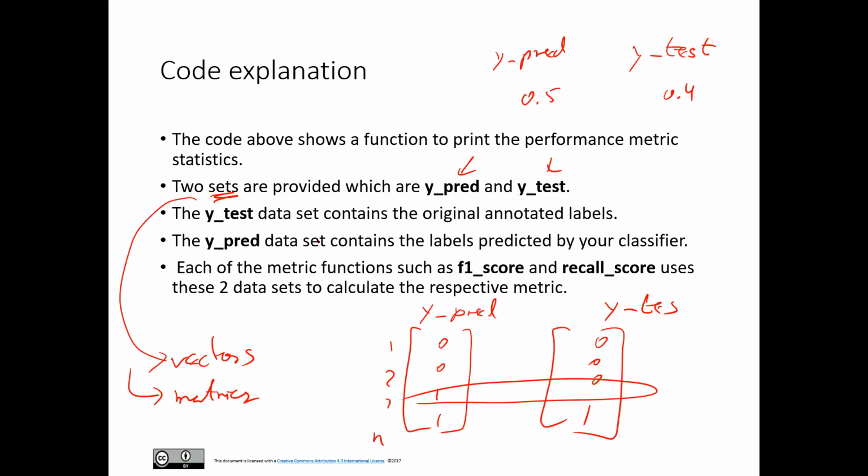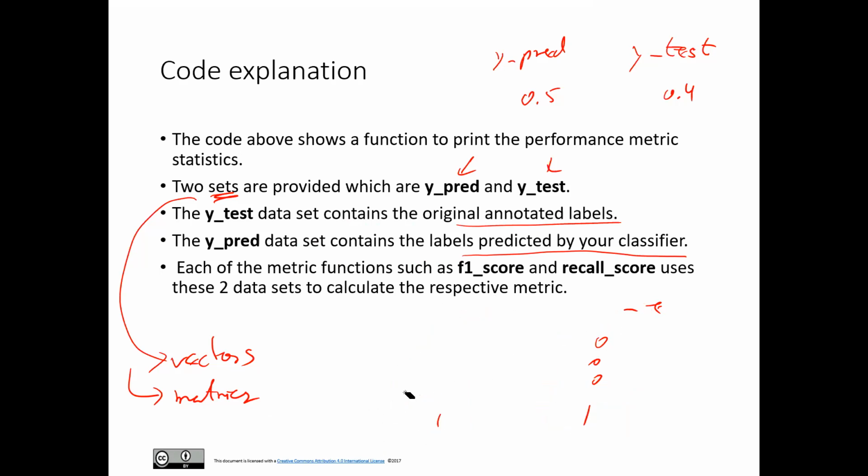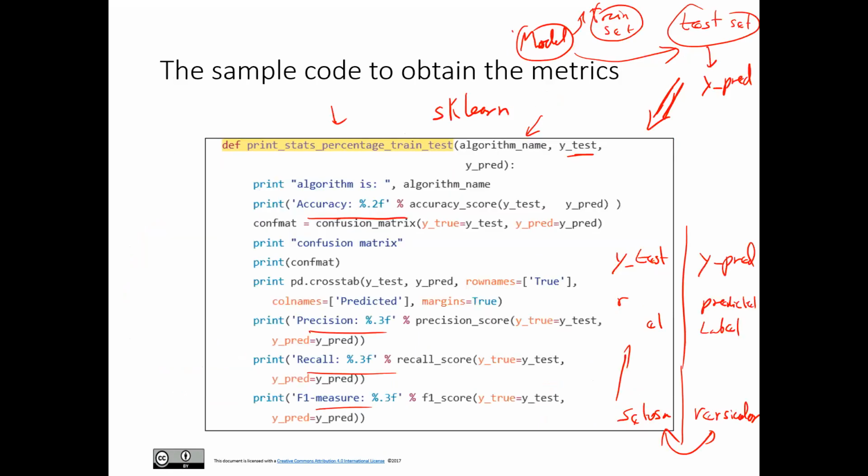The y_test dataset contains the original annotated labels. The y_pred dataset contains labels predicted by our classifier. Each of the metric functions, such as F1 and recall score, uses these two datasets to calculate the respective metric. So as you can see, y_test and y_pred are actually vectors of all the data.